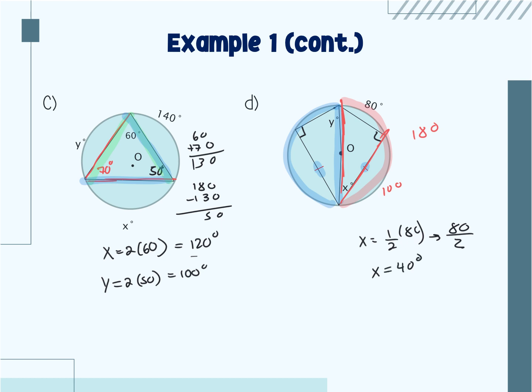Now our y is facing this entire thing, so we have to figure out what's going on. We know that by the corresponding chords theorems, these two are the same and they're 90 degrees. So we're left with this chord right here being 100. This is from the last section. Because that's 100, I can say that y is half of 100, so we know that our y is going to be 50 degrees.